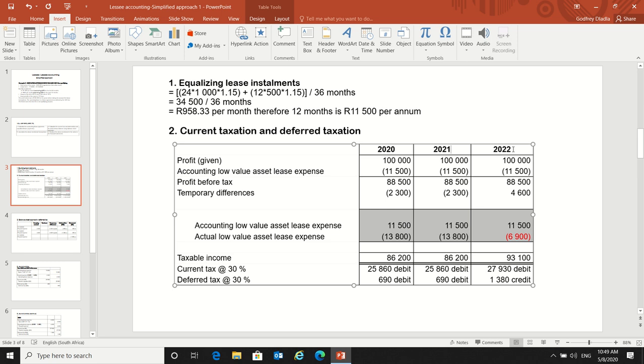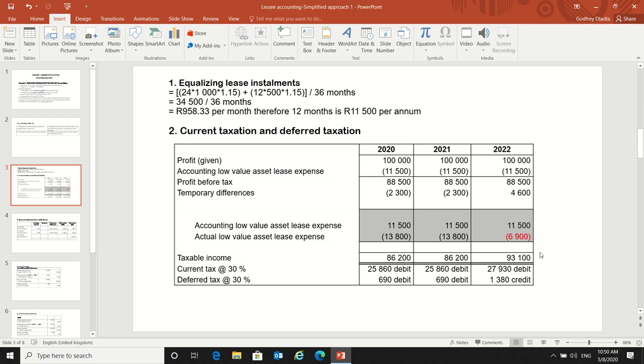So if you look at 2022, it's 100,000 again minus the standard, gives us 88,500. You reverse the 11,500 and you minus the actual. Now the actual in this in your lease is 6,900 because it is 12 times 500 times 1.15, it's this one that I've highlighted. Okay, that will give you the 6,900.